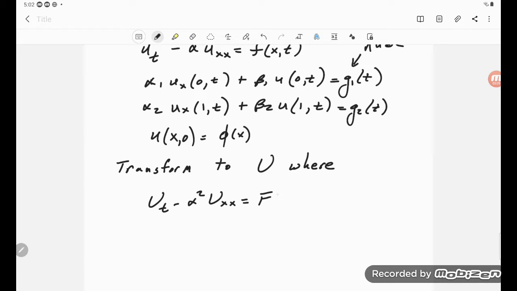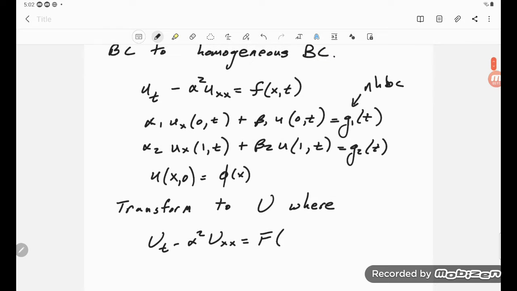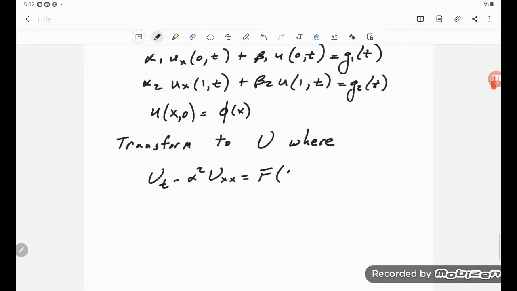Now, notice this is a different function. This was a lowercase f of x and t. This is uppercase. Does not mean it's the antiderivative.